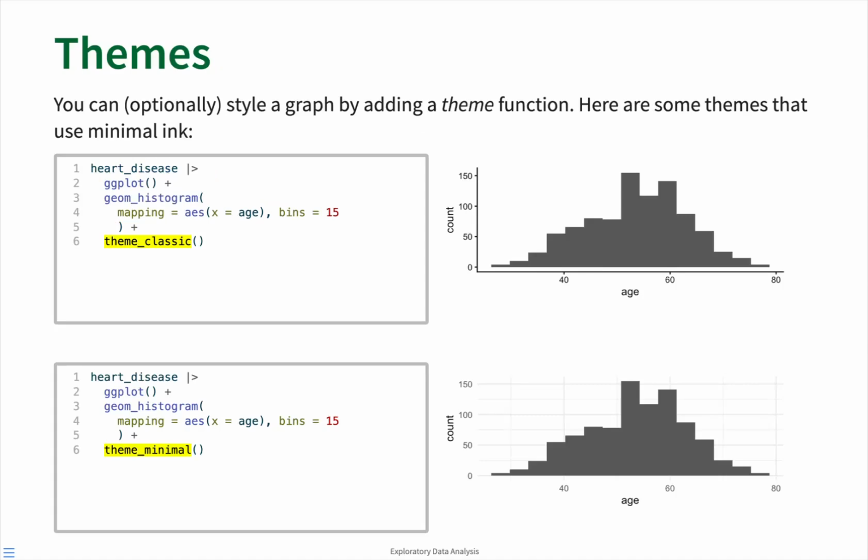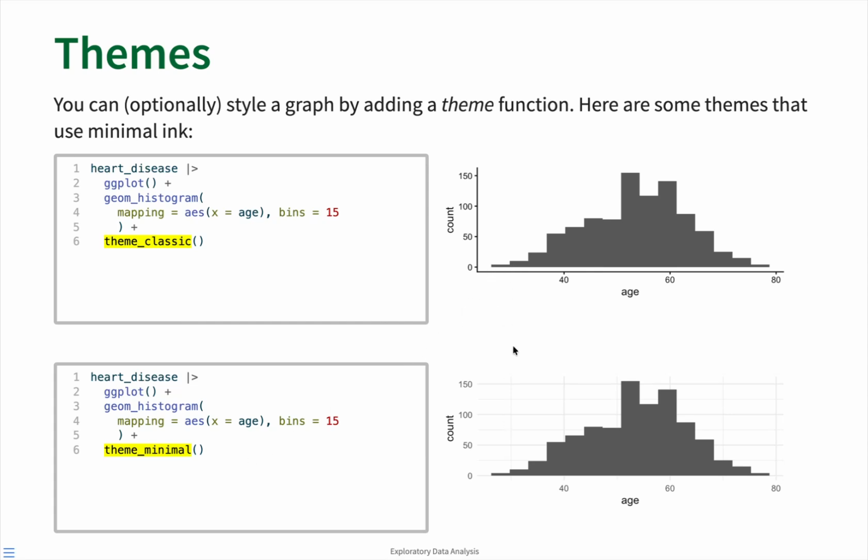If you do want to customize the appearance of the graphs, an easy way to do so with the ggplot graphs is to add a theme function, like you see in these two examples. Some of the good ones that are appropriate for scientific uses are theme classic, as in the top example, and theme minimal, as in the bottom example.